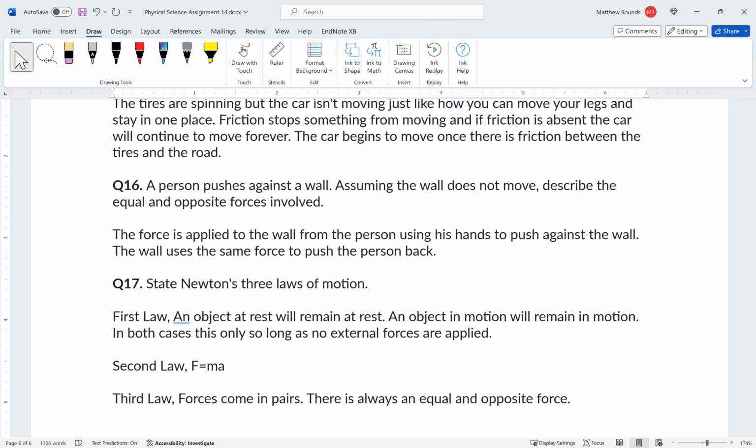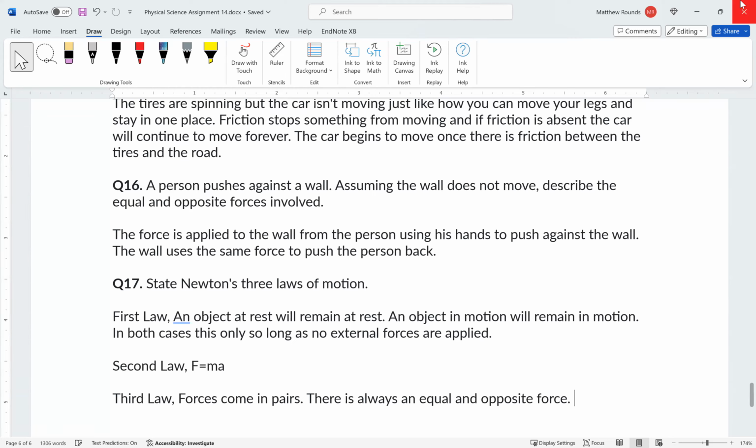There's not a force out there that doesn't have something countering it. Yeah, this is a good versus evil kind of thing as well. So that's the three laws of motion. Any questions on that? Nope.